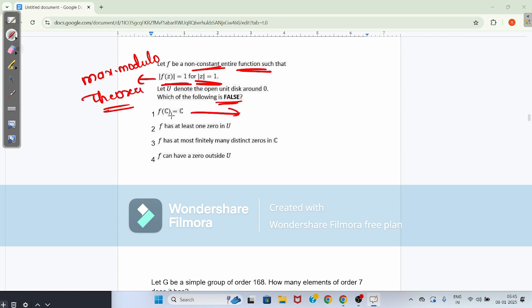We have to find it out. f of c is equal to c. By Schauder's fixed point theorem, what you can say is that f has a fixed point in the unit disk of U. So this is the true statement here. f has at least one zero. This is the concept of the Liouville theorem.